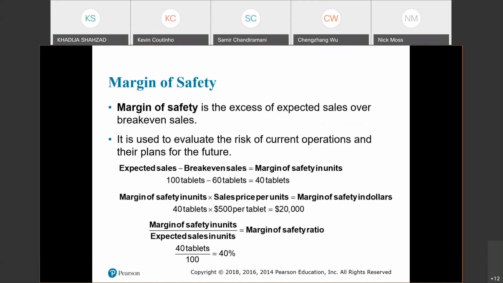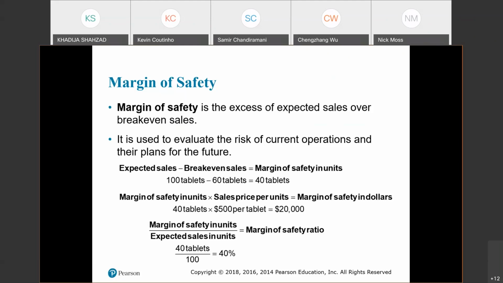So let's apply this to Smart Touch Learning Company. Well, originally, this company's break-even point was 60 tablets.